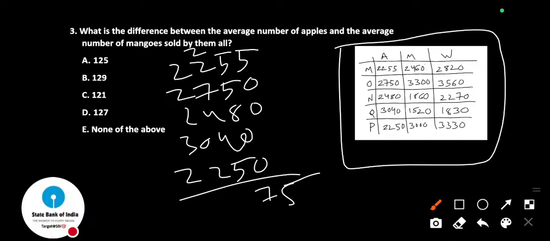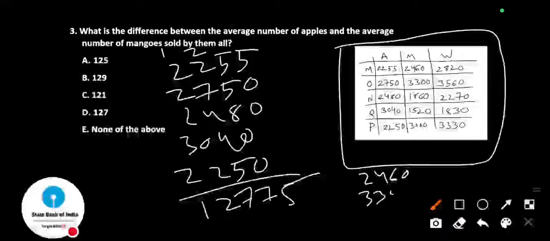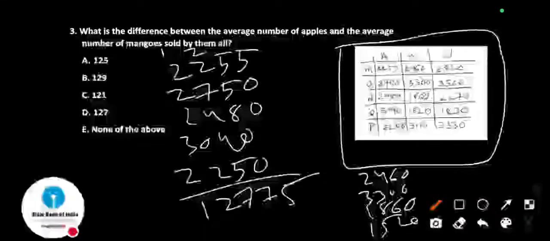11 plus 6, 17, 5, 5, 10, 1, 2, 7, 5, 5, 775. Okay, next one, the average of mangoes: 2460 plus 3300, 1860, 1520, and one more which is 3000.